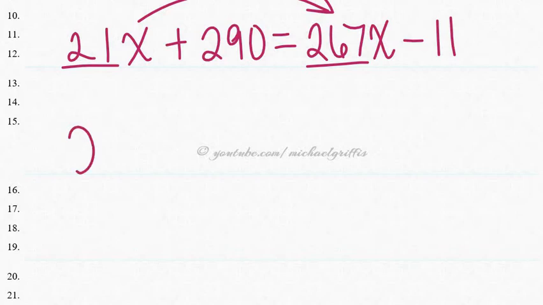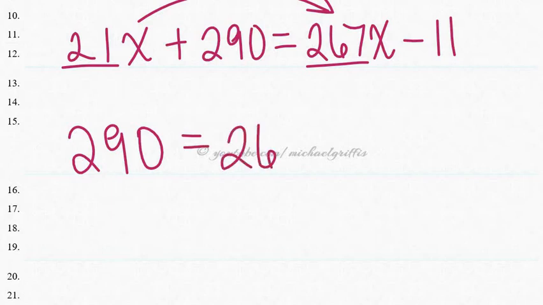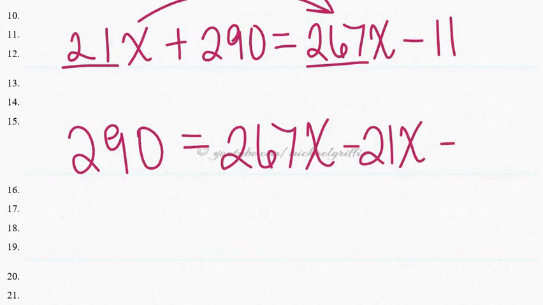So we end up with 290 is equal to, rewriting, we subtracted 21x from both sides. We'll go ahead and keep that 11 right there.